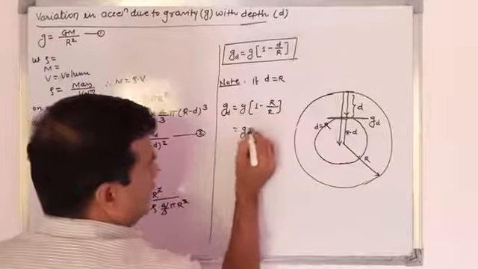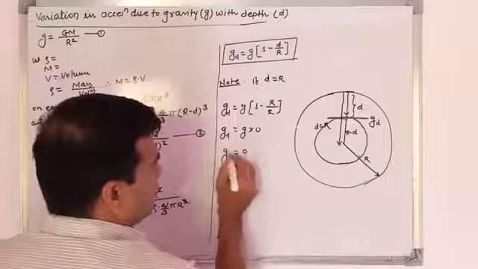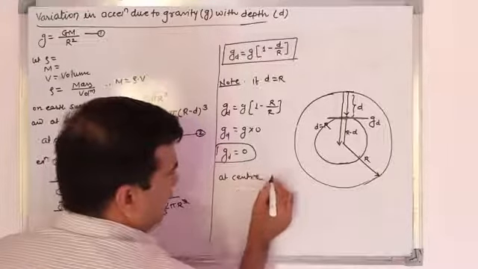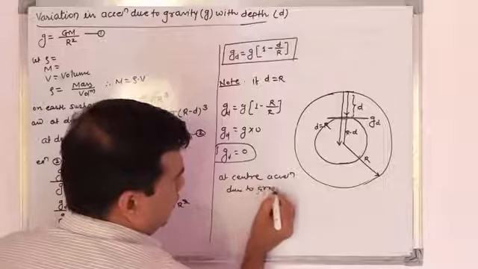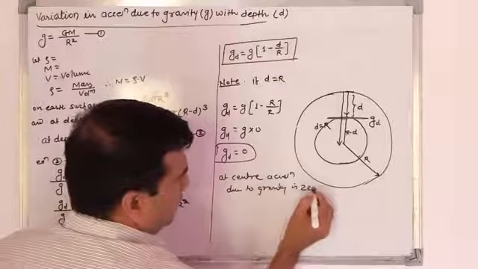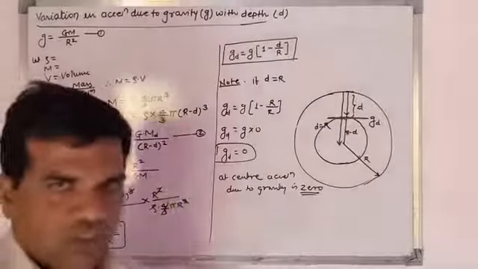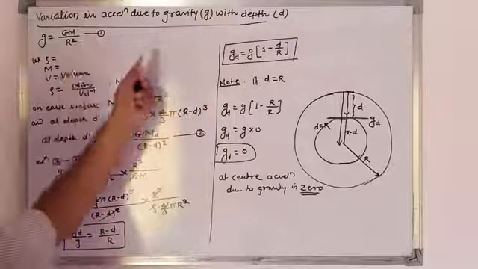It becomes g into 0. Therefore gd is equal to 0. That means at the center the acceleration due to gravity is 0. This is a point for objective questions or MCQs, and this is the effect of g on depth.